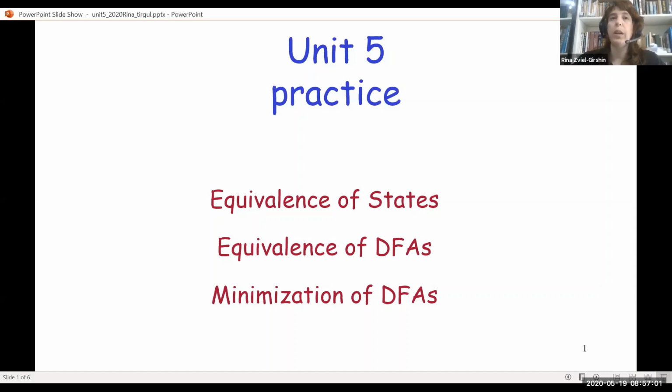For example, when I have some automaton, I can start with the separation word epsilon, a zero-length, empty word, which separates between accepting and non-accepting states. They behave differently: an accepting state accepts the word, a non-accepting state doesn't.